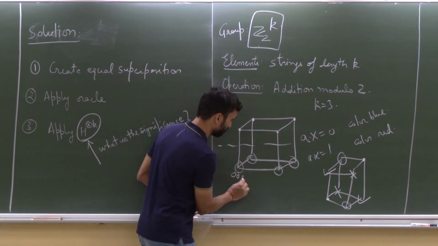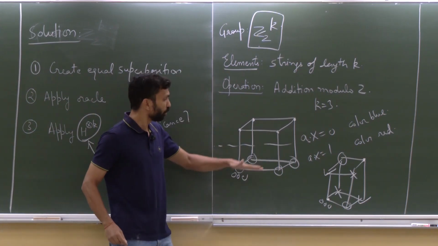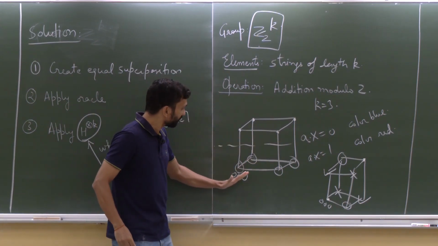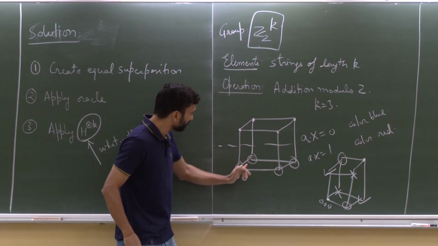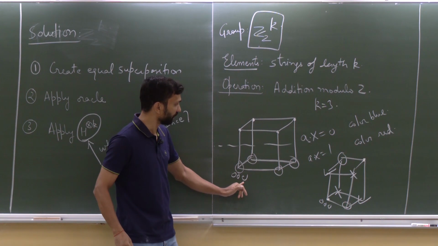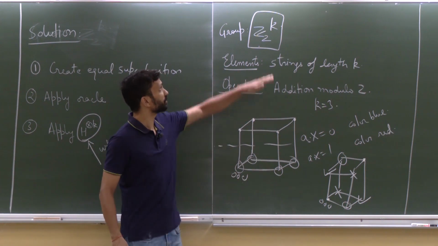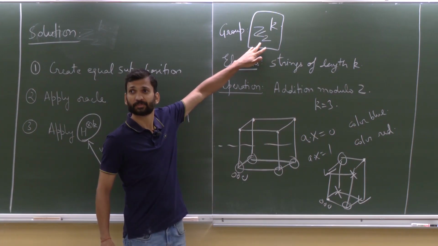So this is 0, 0, 0. This is 0, 0, 0. Correct? So if you look at all possible A's, you look at the color set where 0, 0, 0 is contained. That is actually in some sense the biggest subgroup of Z to the power k.